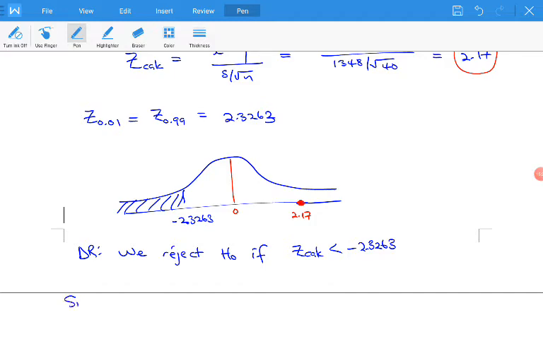So since zcalc is greater than negative 2.3263, the critical value, we fail to reject H naught, the null hypothesis.